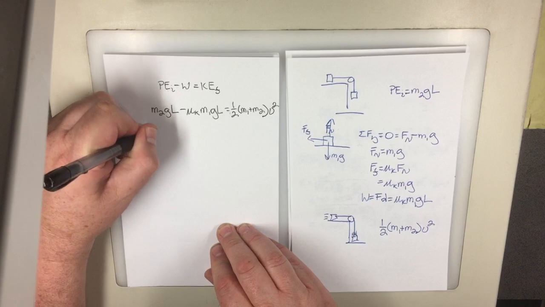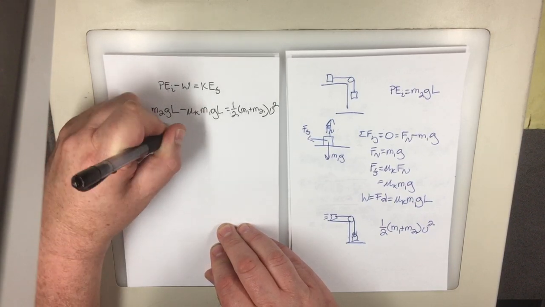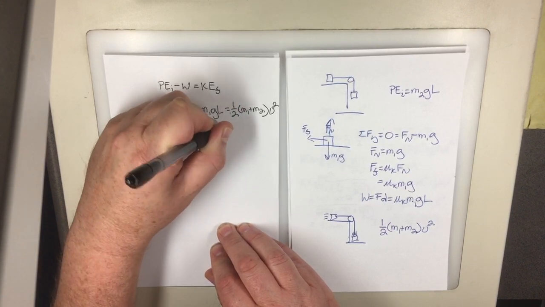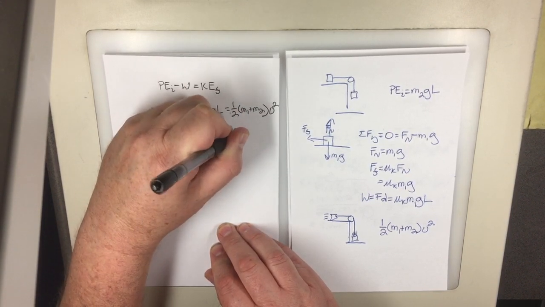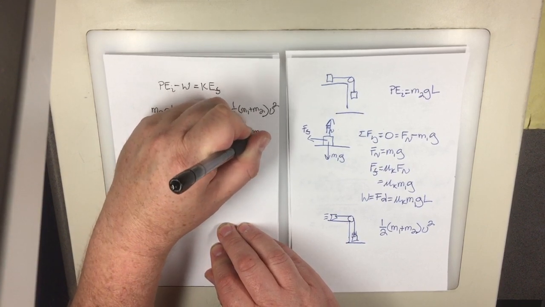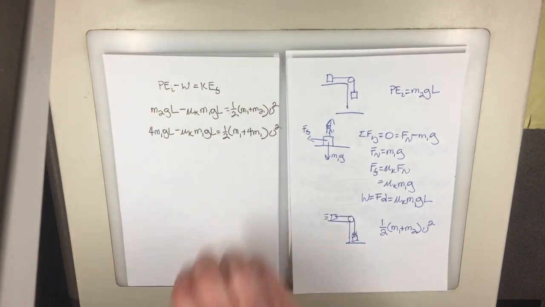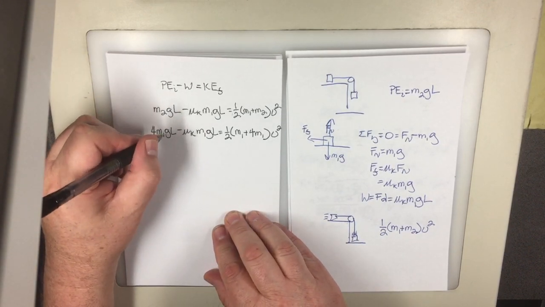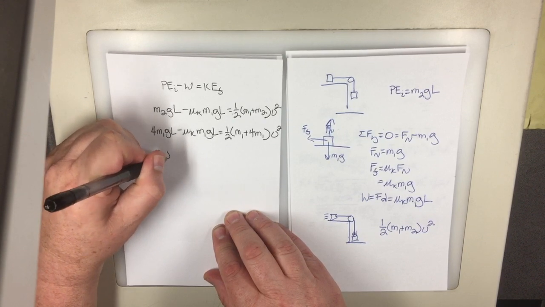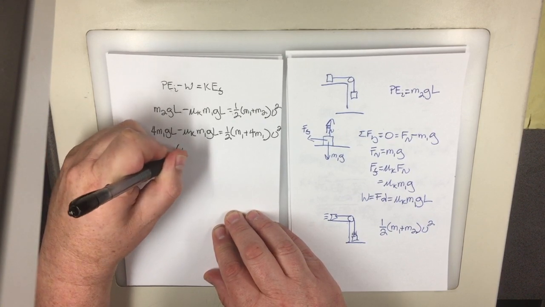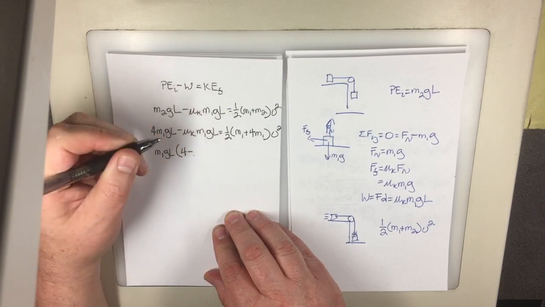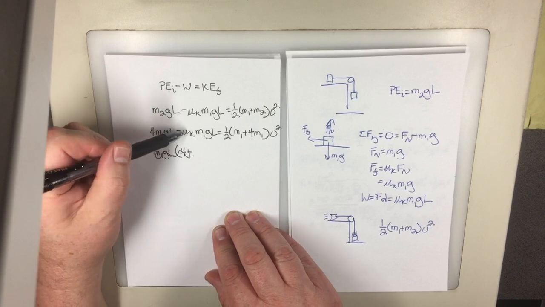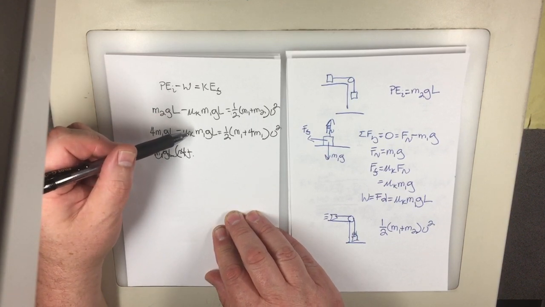M2 is 4 M1. So you see this. Factoring out an M1, a G, and an L, ooh, I don't want to do that just yet. What's the goal? I gotta find out what mu sub k is.